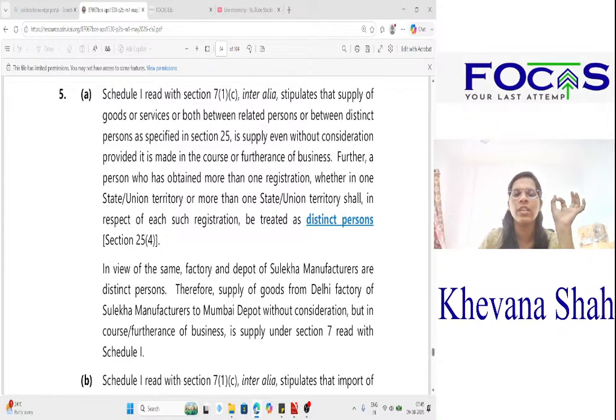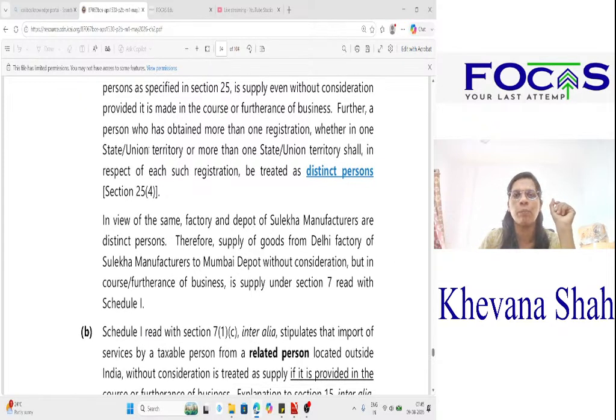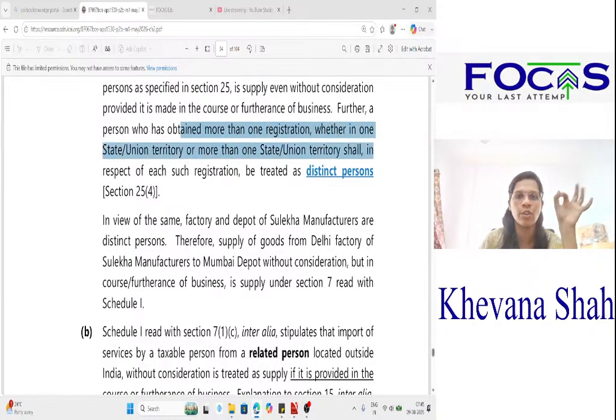Then further, a person who has obtained more than one registration, whether in one state or union territory or more than one state or union territory, shall in respect of such registration be treated as distinct person.